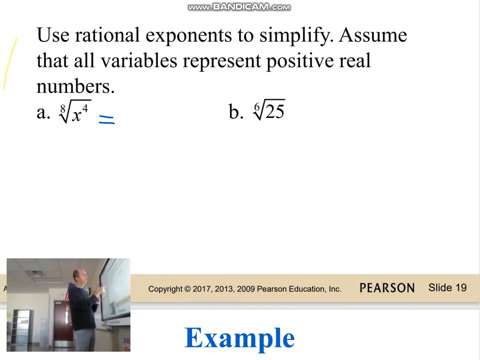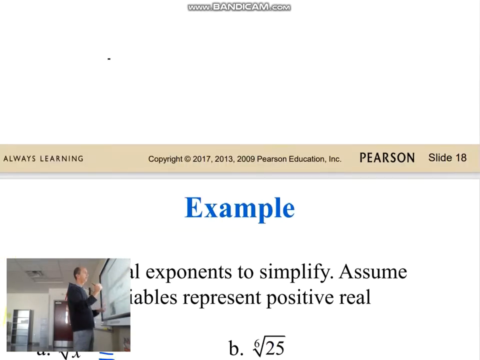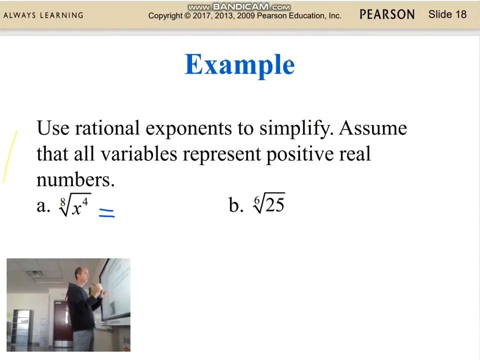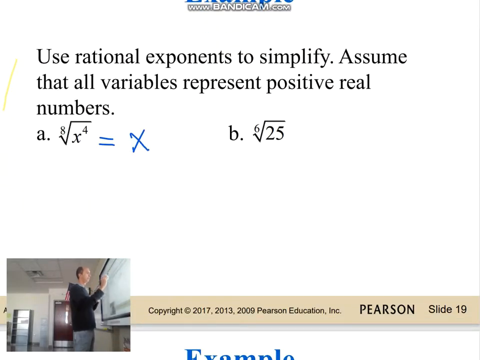The 8th root of x exponent 4, we can write as a rational exponent, right? We can write x, and the numerator is going to be the exponent, the denominator is going to be the index of the root. And look how interesting, because I have 4 over 8, which you can simplify.